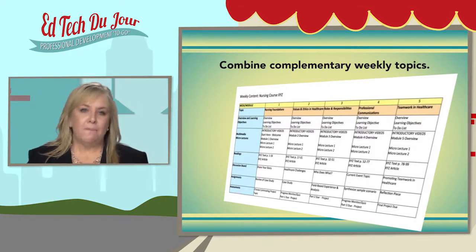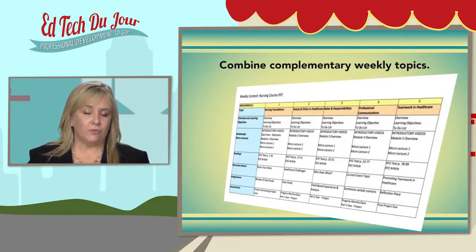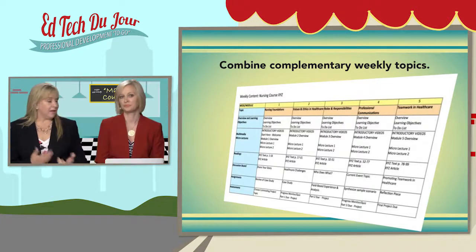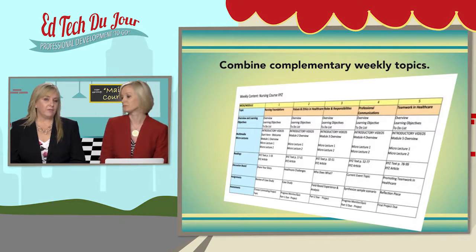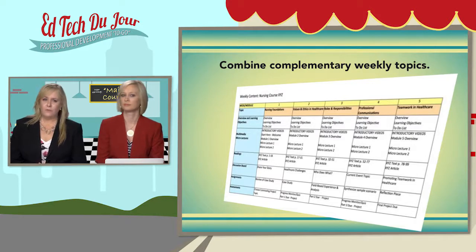But also as we combine complementary weekly topics, you want to look for topics in your semester-based course that are logical to combine together. And like we said, we know that online courses are accelerated, and the rigor and the quality need to be preserved, and the student usually expects a heavier workload.